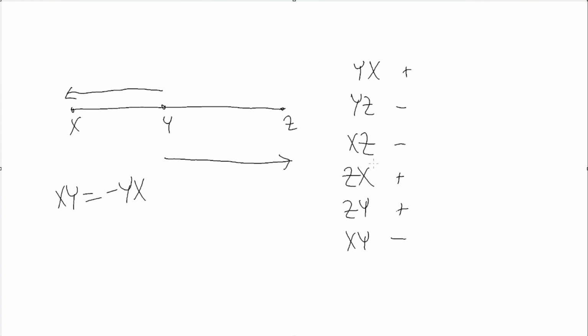So why do directed lengths even matter? Well, it turns out that if we use directed lengths, the power of a point converse holds. And here's how. Suppose we have points A, B, C, and D here, and suppose that they intersect at this point E here.